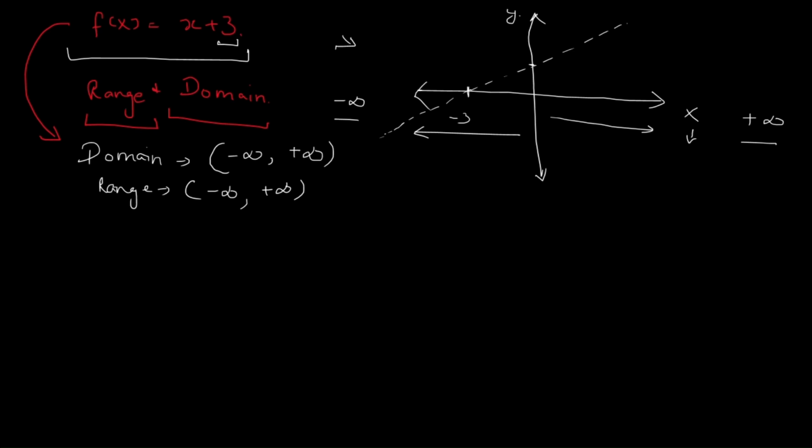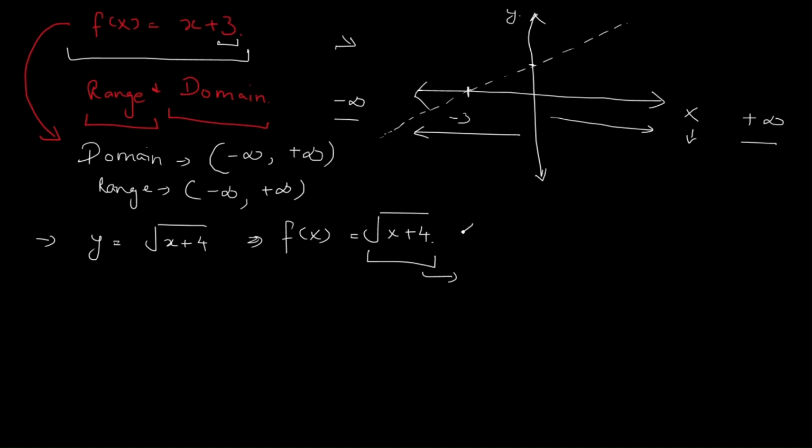Let's do something more complex. So here, the square root of x plus 4, right? Or we can write f of x equals the square root of x plus 4. So here we know this value cannot be less than 0, right?